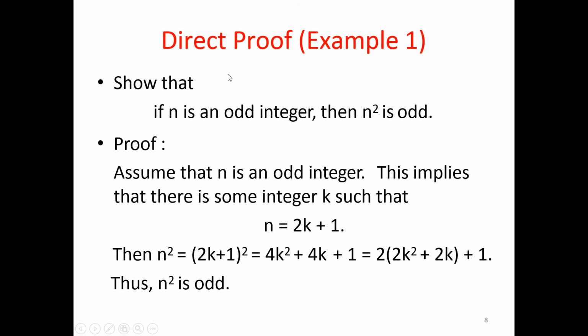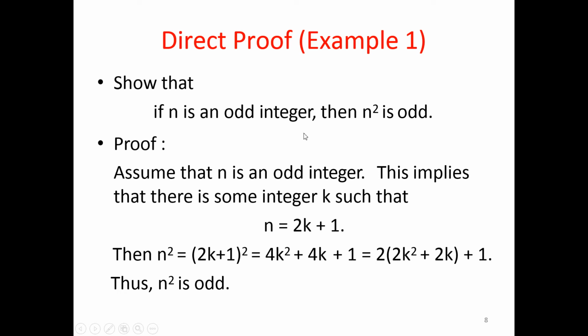So let's have a deeper understanding of the method by solving this question. Show that if n is an odd integer, then n squared is odd. In order to prove this using the direct proof method, we'll assume that n is an odd integer.